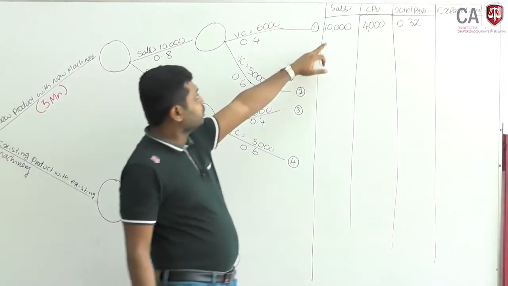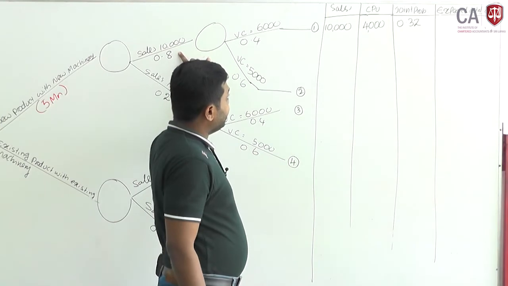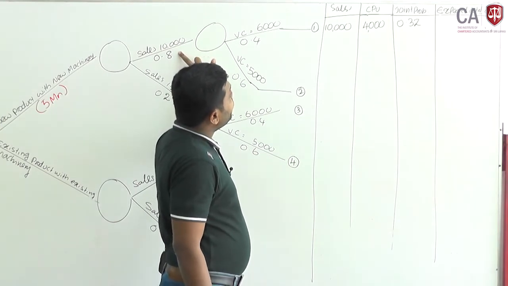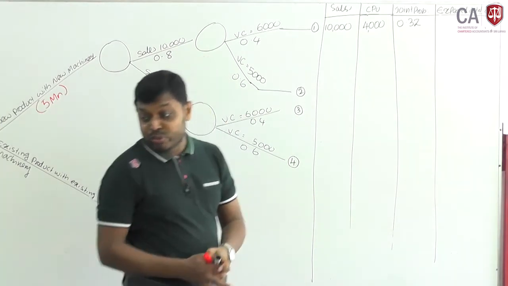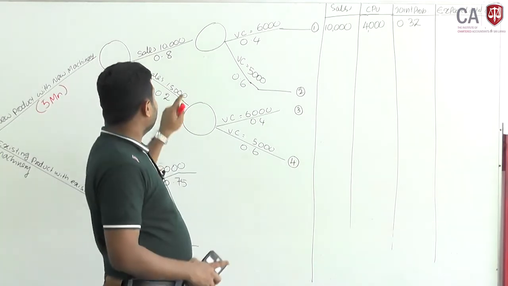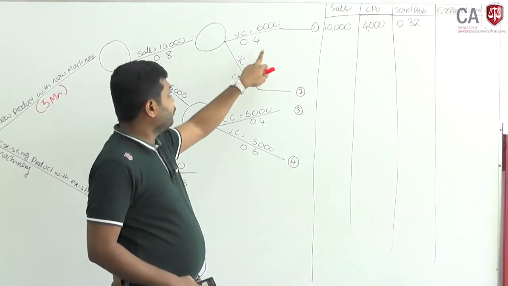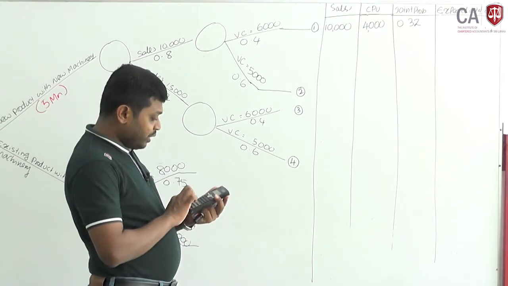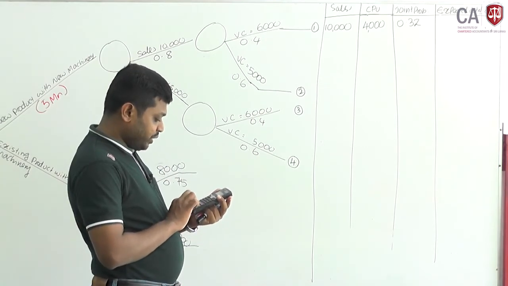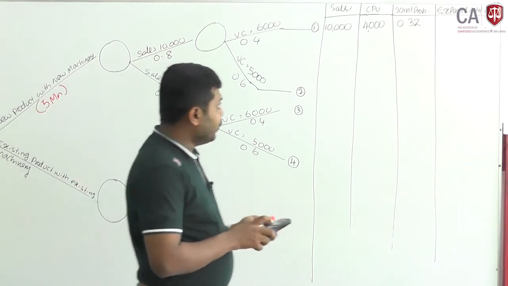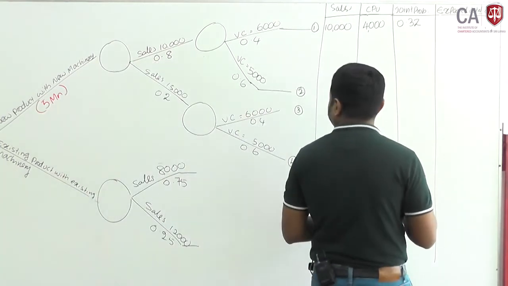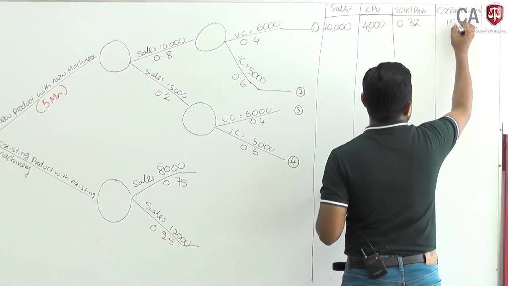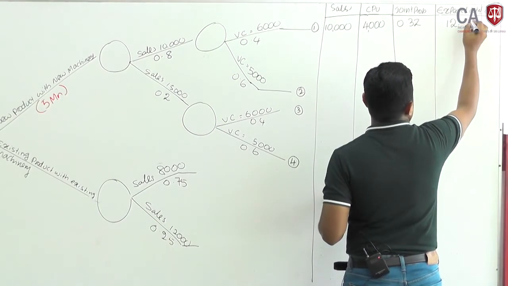Then 4,000 into 10,000 units you are going to sell, 40 million is your total contribution, but you can't take the full 40 million. 0.8 into 0.4 is 0.32, therefore 40 million into 0.32 is 12.8 million.